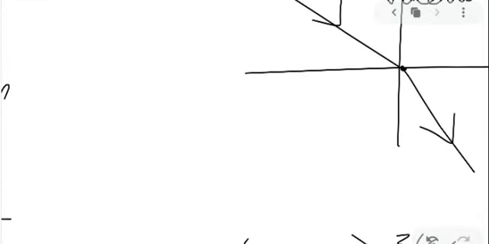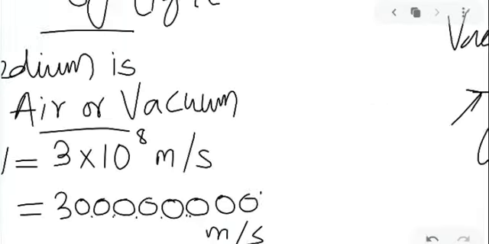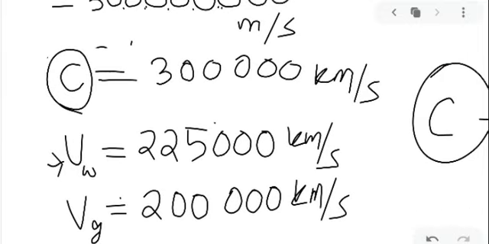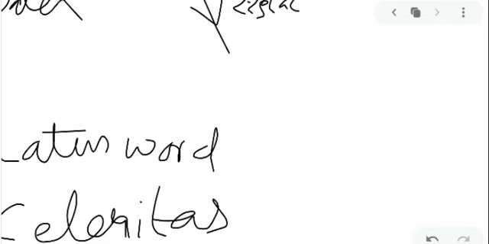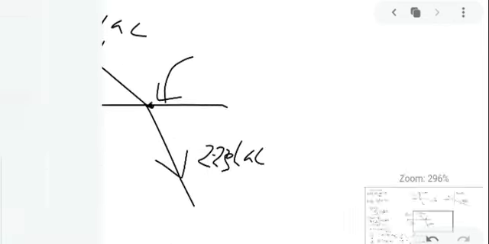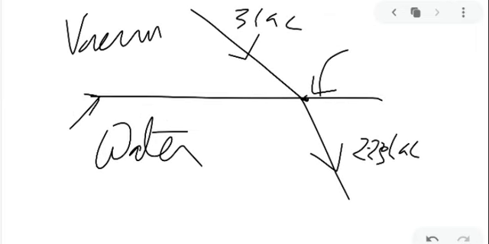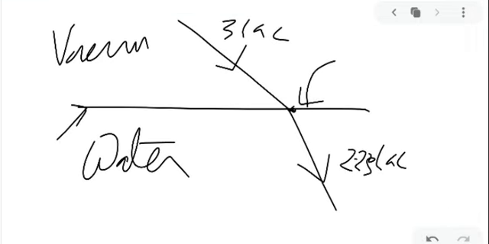So if I go back to the slide where the speeds were given, these are just a few examples.